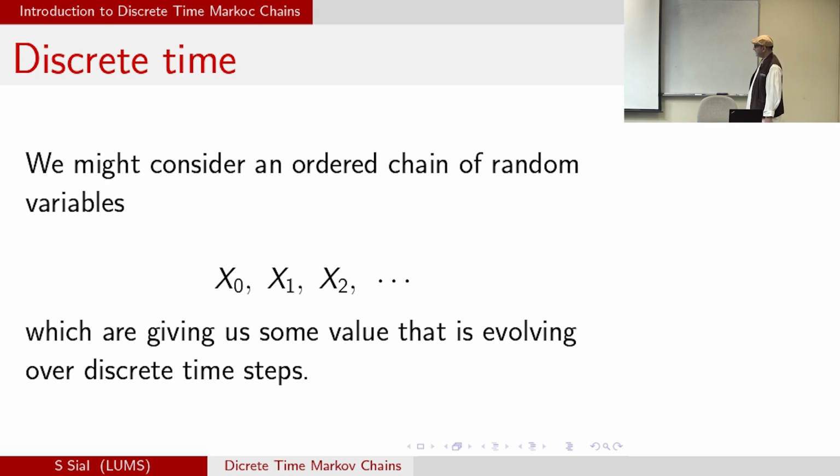What we imagine is that we have some ordered list or chain of random variables. We typically call them x0, x1, x2, and so on. Their values are evolving over discrete time steps.